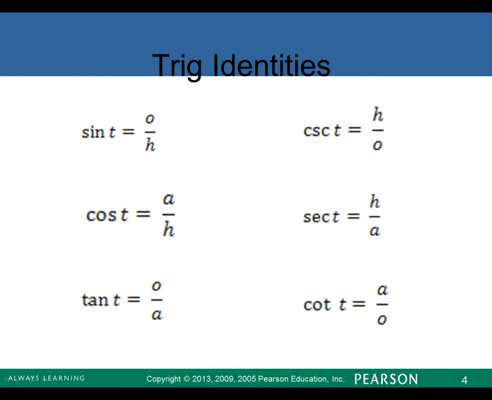Cosine is adjacent over hypotenuse, so its reciprocal, secant, you just flip it: hypotenuse over adjacent. Tangent is opposite over adjacent, so cotangent is the reciprocal, adjacent over opposite.